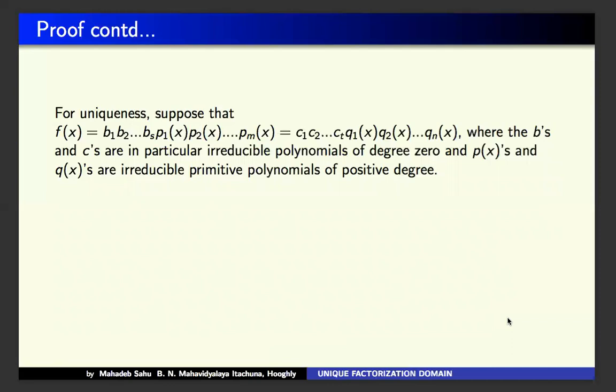So for uniqueness, we just write two different expressions for f(x).